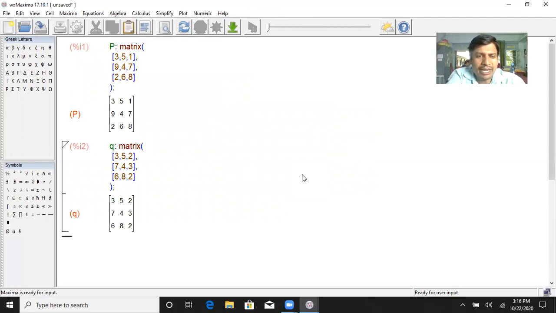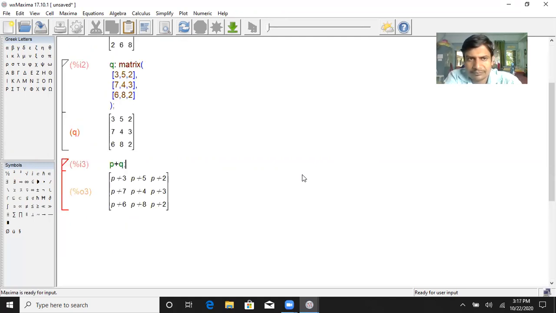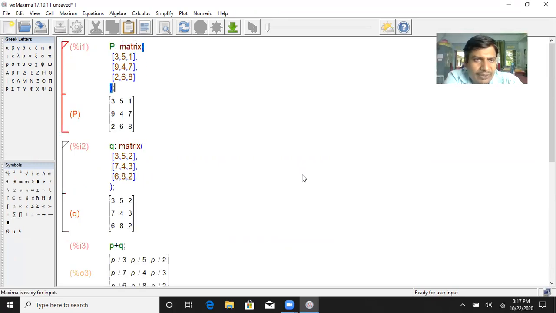Next, addition of two matrices, that is P plus Q, then a semicolon, then shift enter. Why? Here is a mistake. Where is the mistake? See here, capital P is the matrix, but here I gave small p.